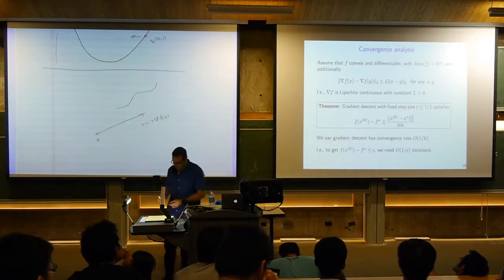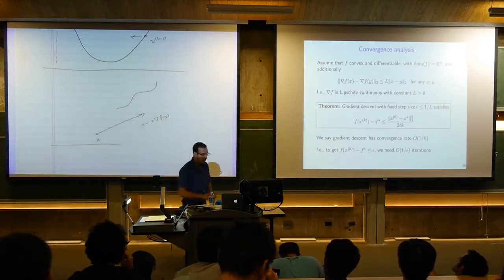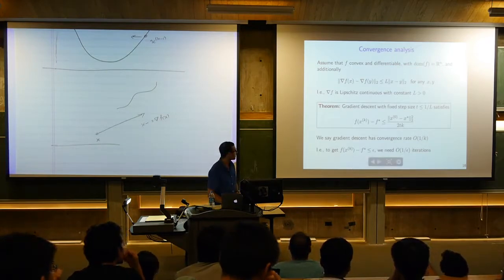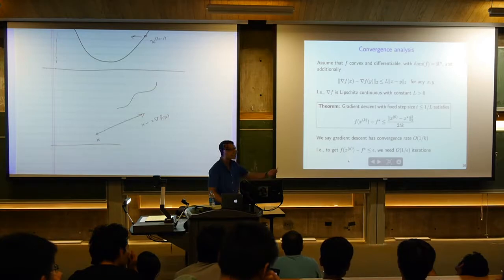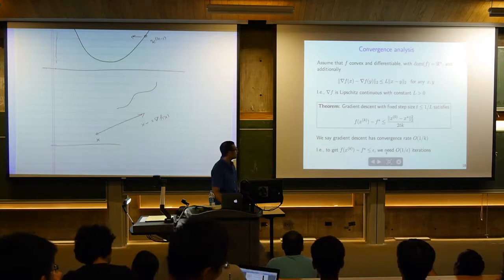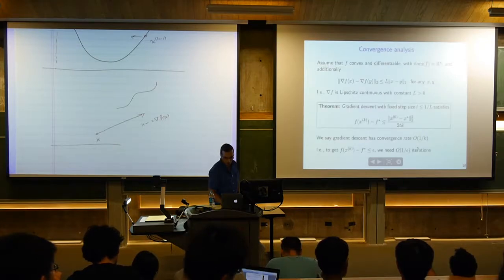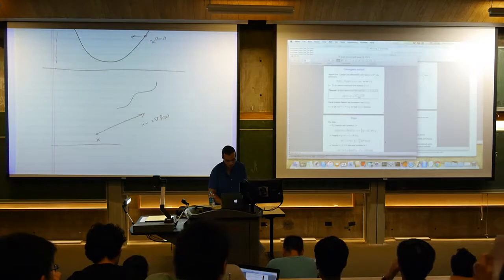We can also flip this around. If I want a suboptimality of epsilon, how many iterations do I need? How big does k need to be in order for this to be true?